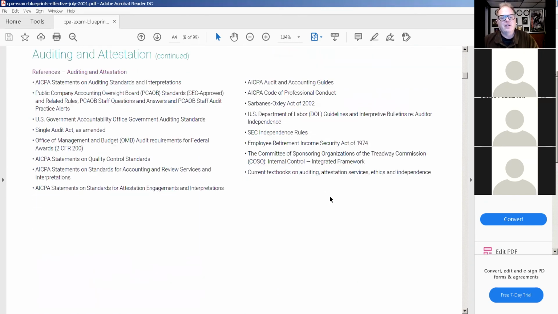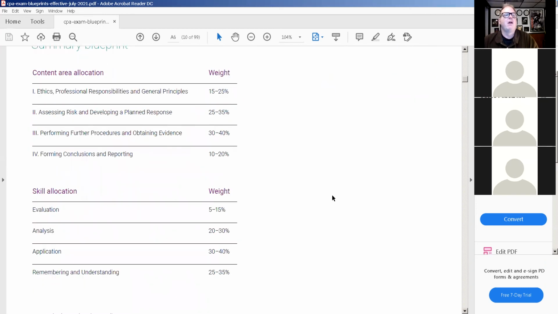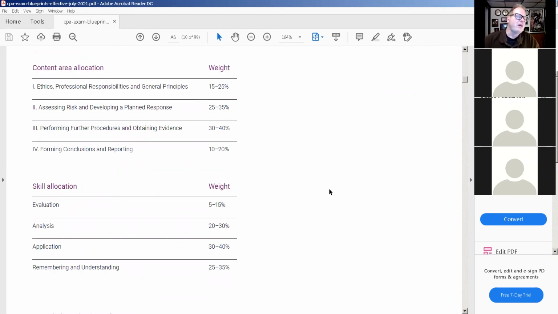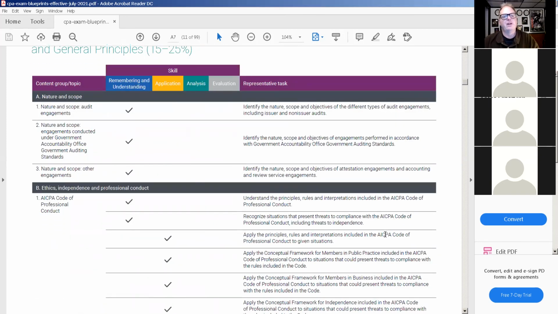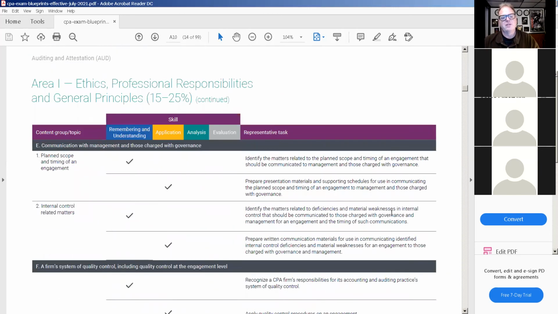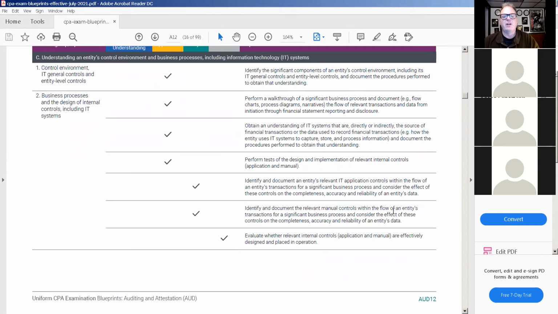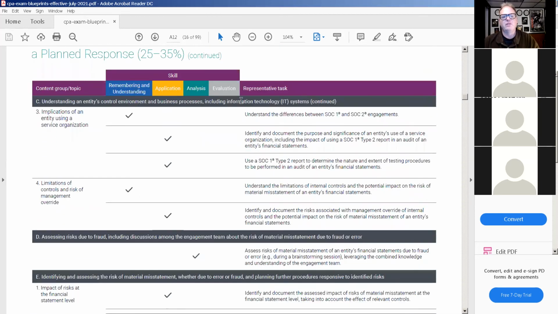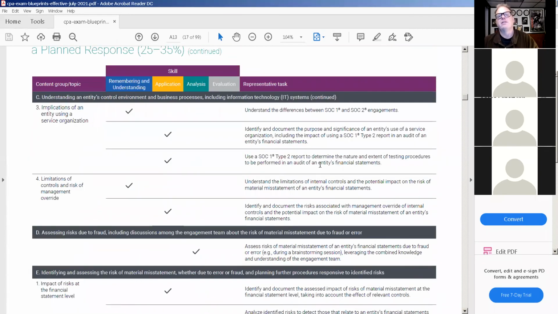All right, and again, it goes into detail on all these different things. You'll see a very detailed breakdown of the different areas. I saw the SOC thing somewhere: understanding the difference between SOC 1 and SOC 2 engagements.